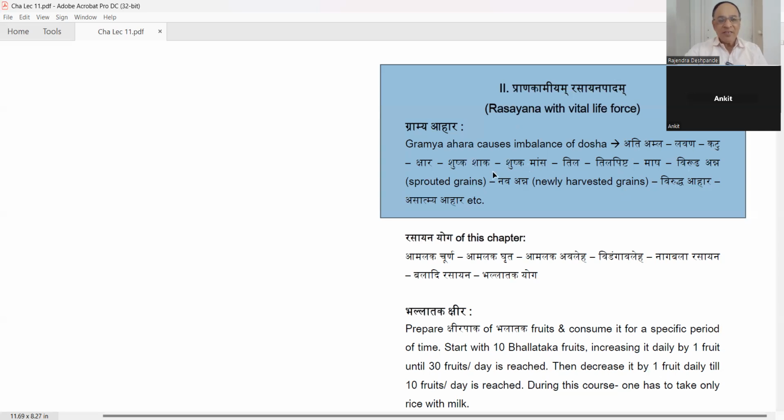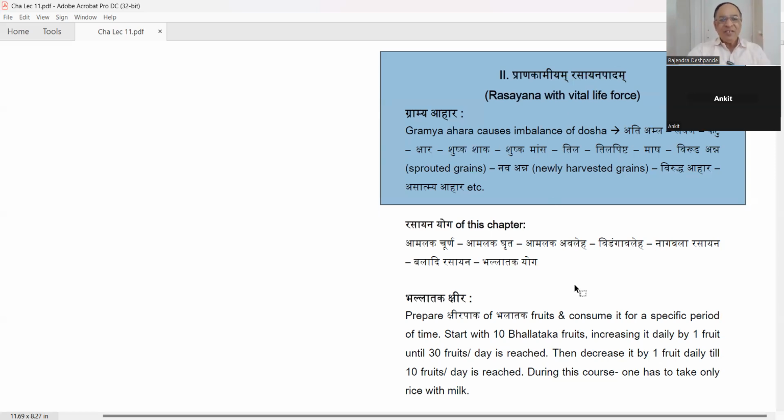These are the factors which make our immunity, vyadhi kshamatva, very weak. All the dhatus will be hinasara, low quality rasa, low quality rakta. All dhatus will be damaged because of these food habits.